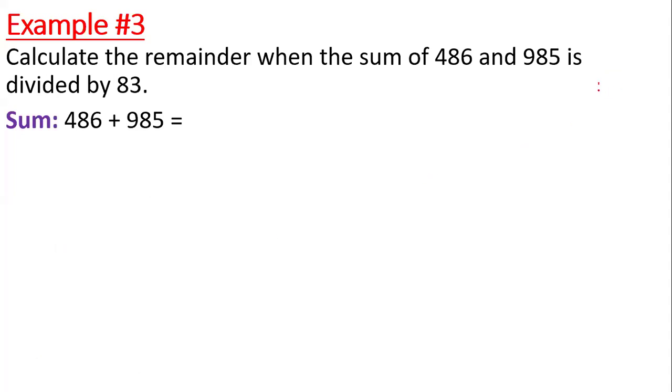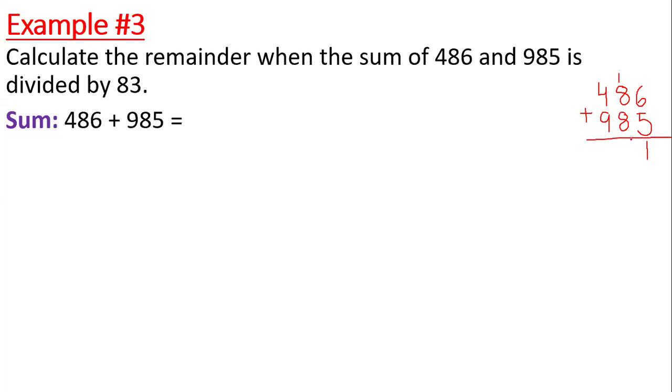So 486 plus 985. Add these two together. 6 plus 5 is what? 11. Put the 1 down, put the 1 up. 8 plus 8 is? 16.